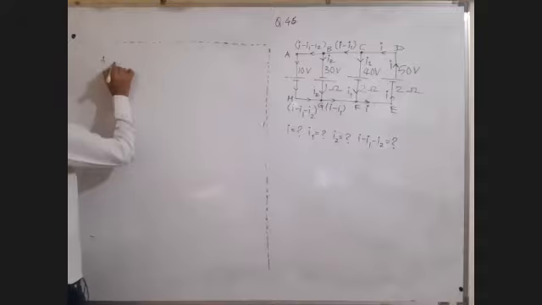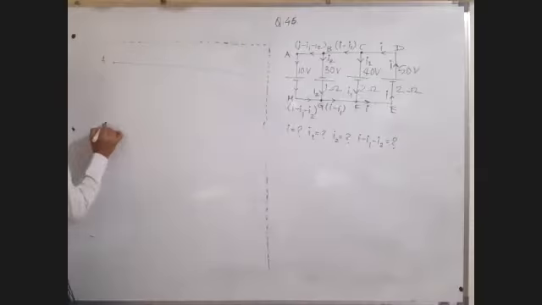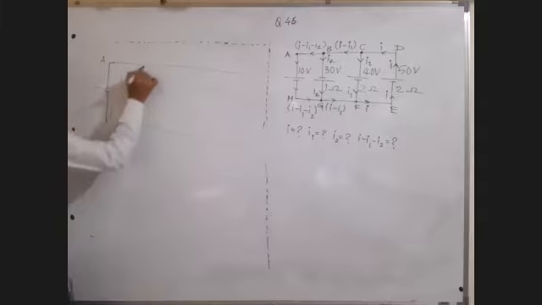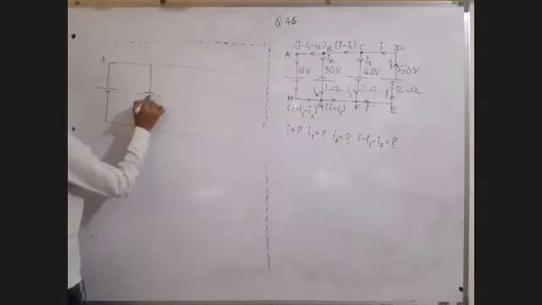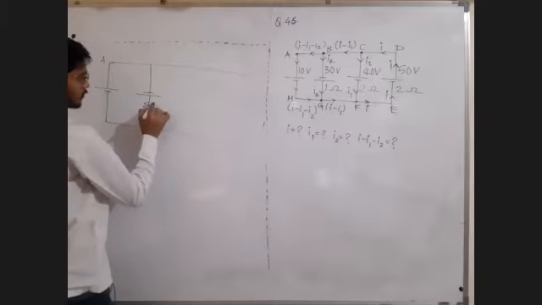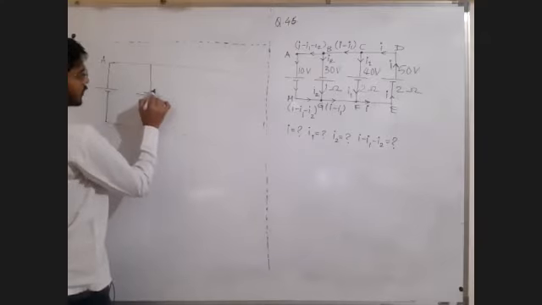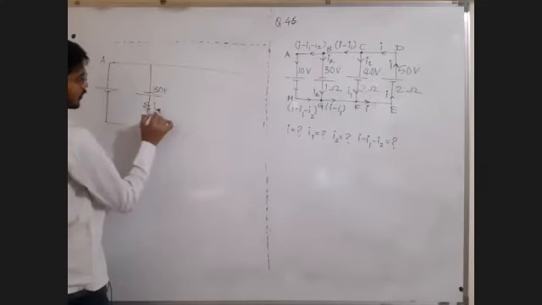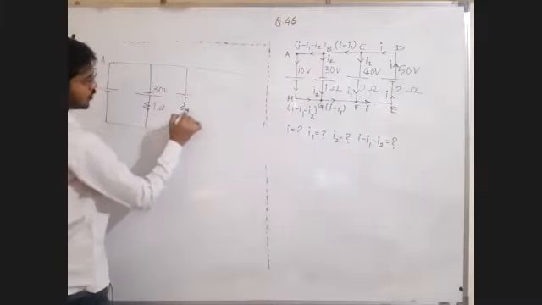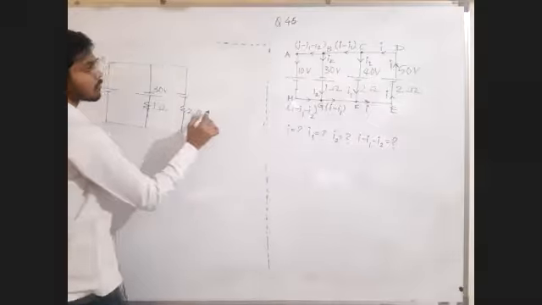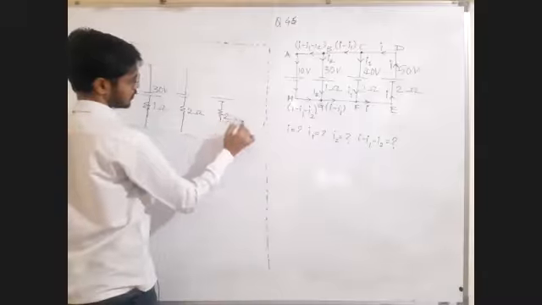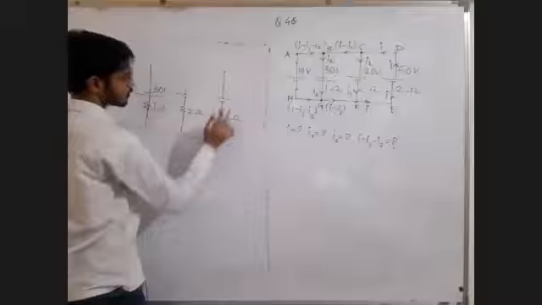A for this wire, then this wire, battery with internal resistance. Now I have drawn internal resistance 1 ohm, battery 30 volt, internal 1 ohm, 40 volt, internal 2 ohm, 50 volt, internal 2 ohm.